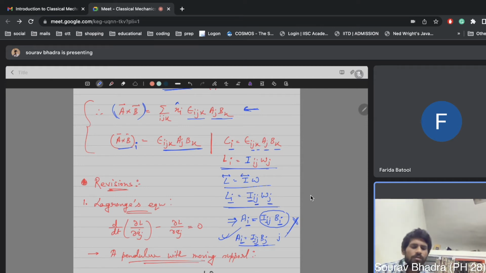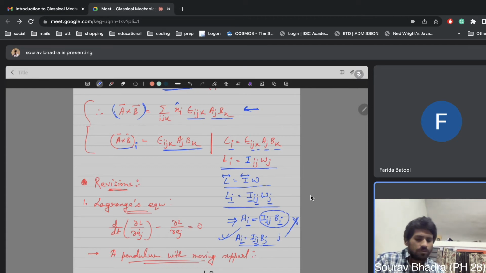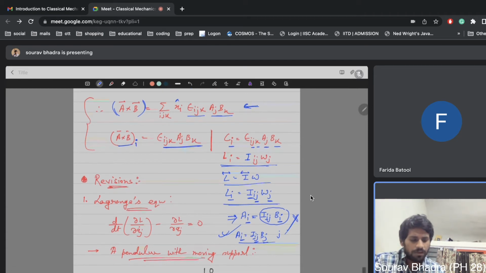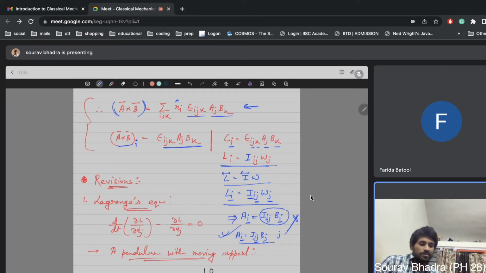So this was all about tensors. I think this much knowledge of tensors is good enough for this course at least. I will not go deeper into tensorial behavior, since tensors by themselves can be a complete course.